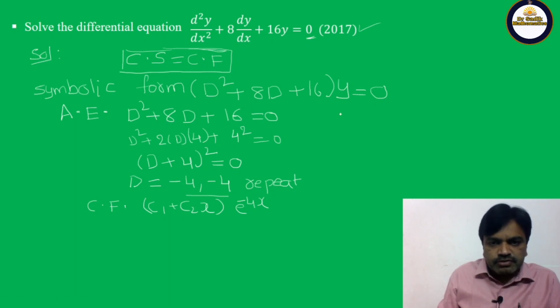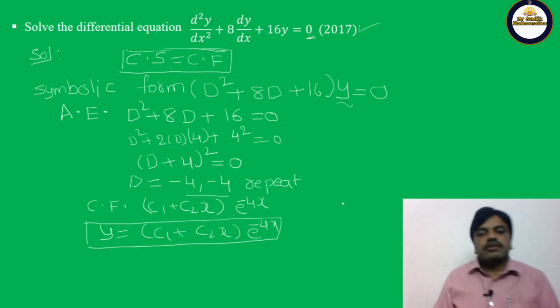We are finding the solution for y. So y equals c1 plus c2x into e power minus 4x. This is the required solution of the given problem.